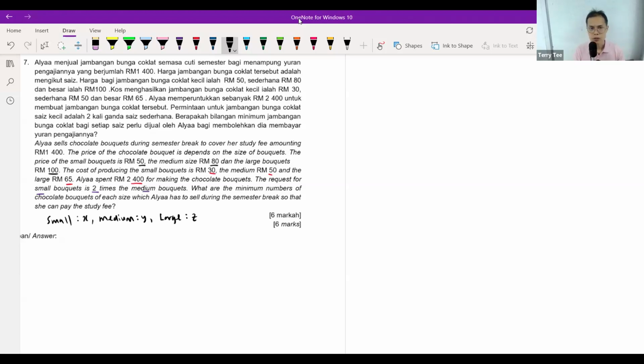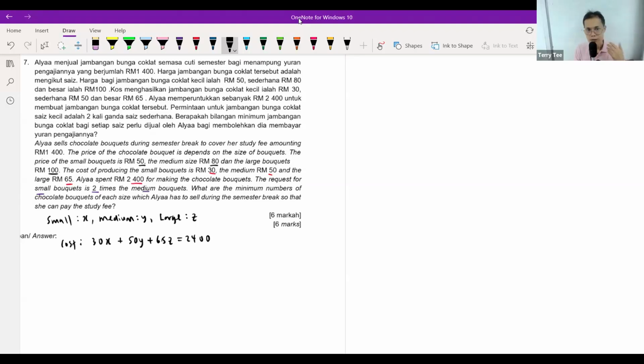So you're going to form 3 equations in terms of x, y, and z. The first one is your cost. The small one is 30, so it's 30 times x. Medium is 50, 50 times y. Large one is 65, 65 times z. The total cost is 2,400. She spent 2,400.